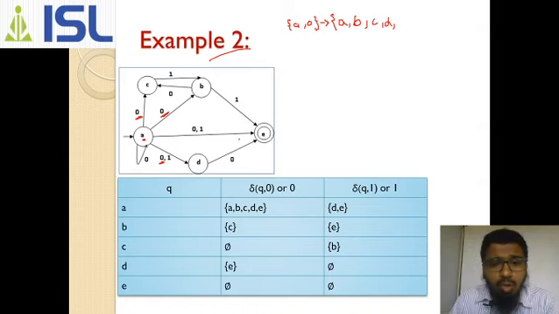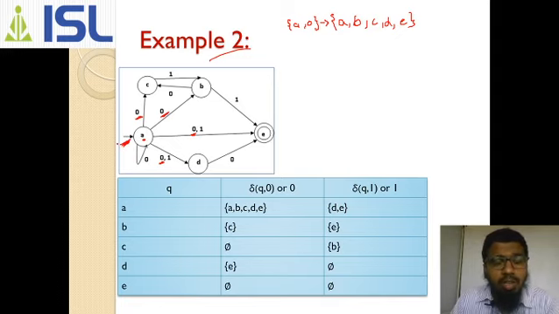A to E, E is also there. Is there any possibility now? 1 2 3 4 5, no, there are no other possibilities. So close this. Why am I taking this A first? Because this is the initial state.